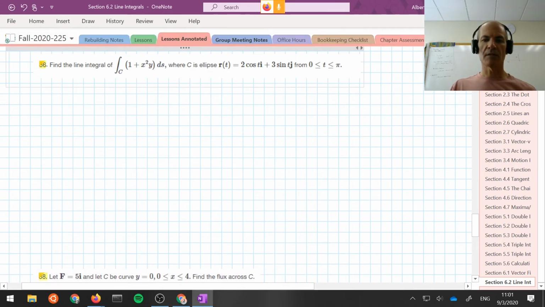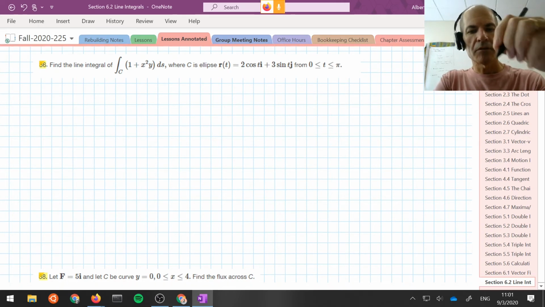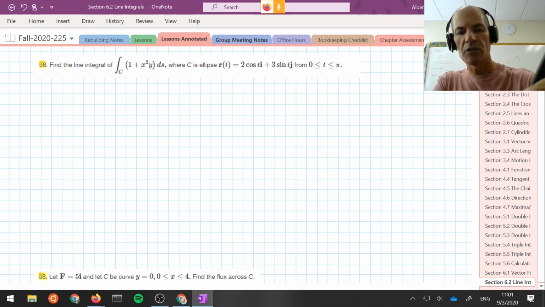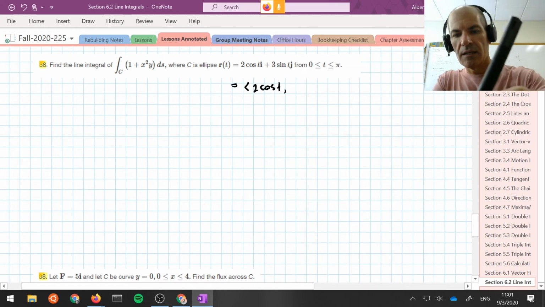All right, let's find this line integral where C is the ellipse given by this. This is just another scalar line integral with no real physical interpretation, but it's good practice. So if we're going to do this, we're going to need the magnitude of r prime, which means we're going to need r prime. Again, I usually just switch over to notation that I'm comfortable with. So this is 2 cosine t, 3 sine t.